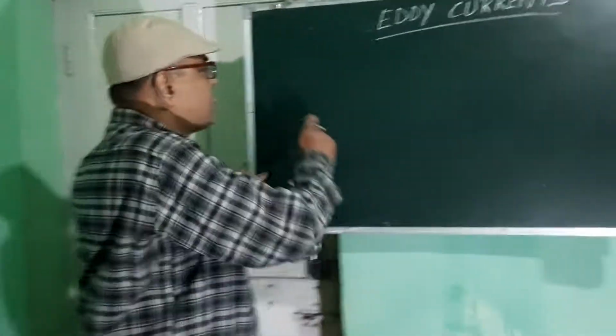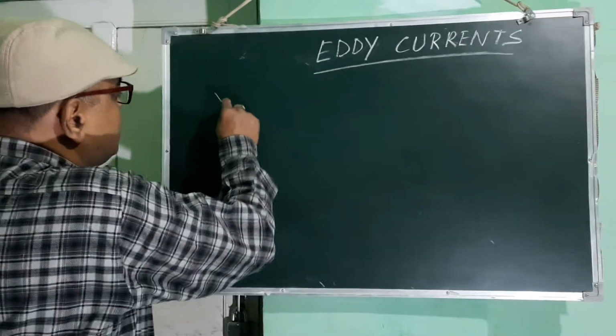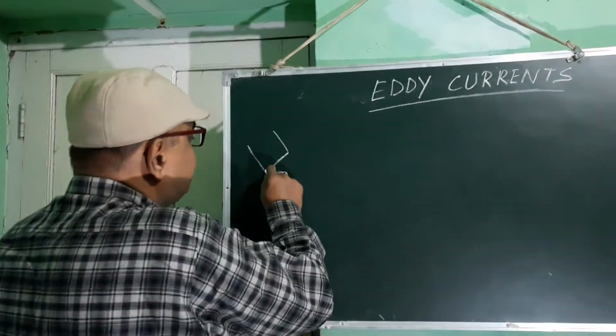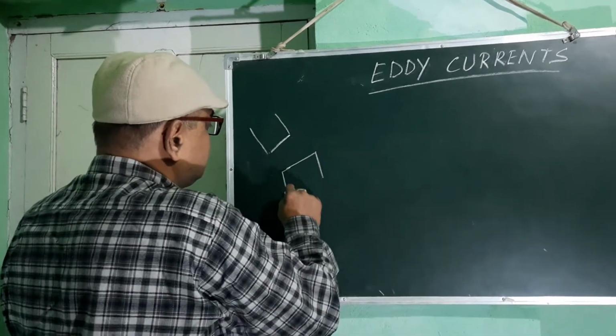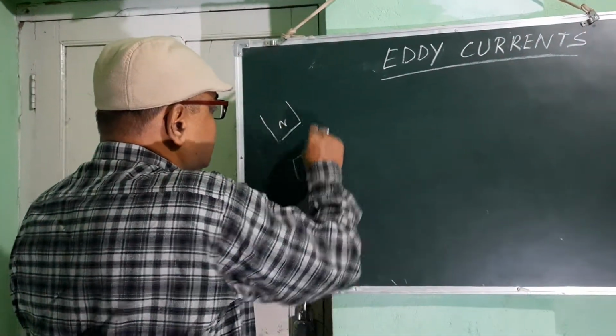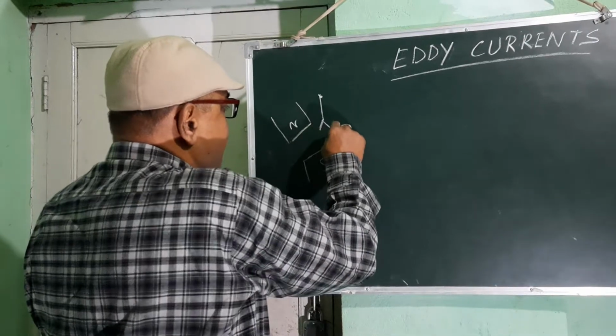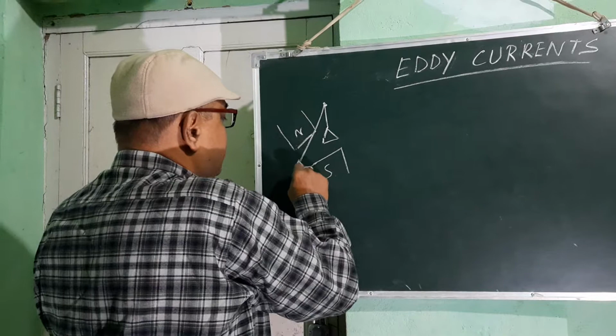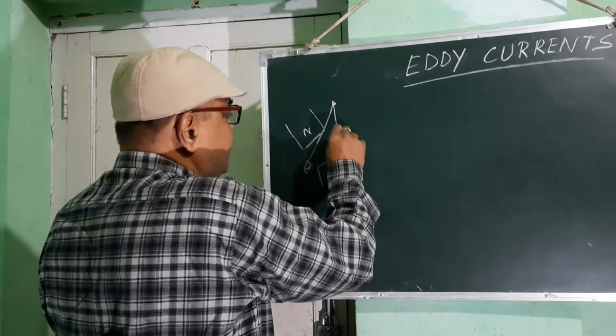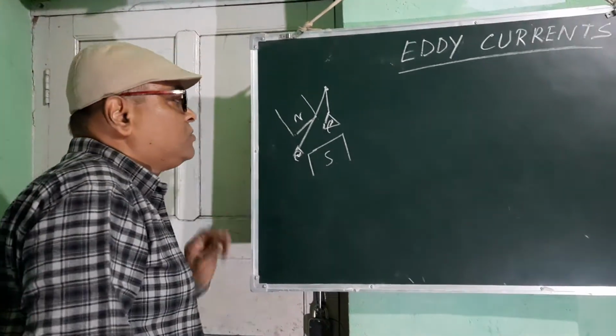For example, there is one magnet present, and in that plate eddy current will be produced.